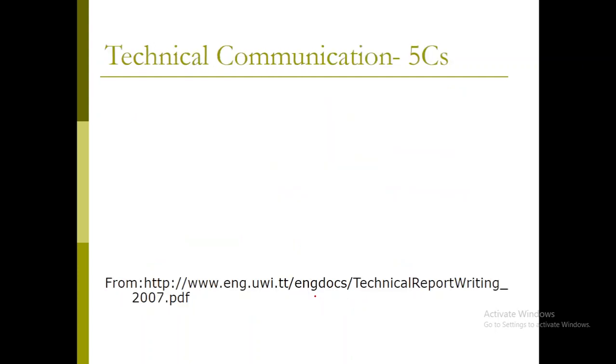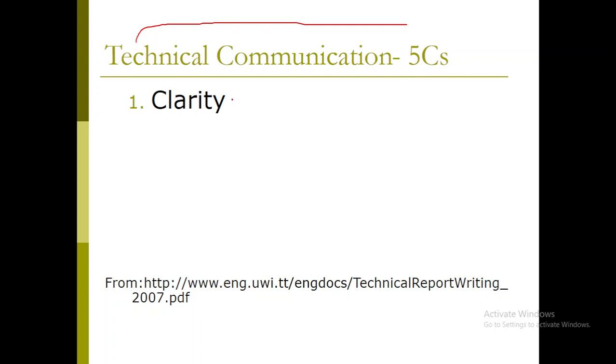Now before we move into the formats and the structures of writing a scientific report, let's look at the 5 C's of technical communication. You must have studied the 7 C's of communication in your communication and presentation skills, and you will find some repetition of those C's as well.